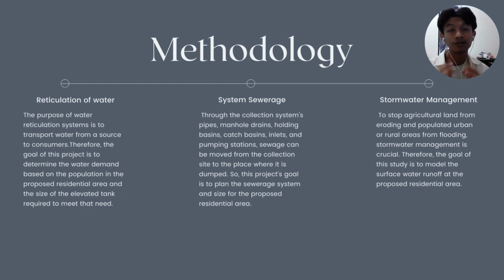For the sewerage system, through the collection system and pipes, manholes, drains, holding basins, catch basins, inlets, and pumping stations, sewage can be moved from the collection site to the place where it is dumped. So this project's goal is to plan the sewerage system and its size for the proposed residential area.